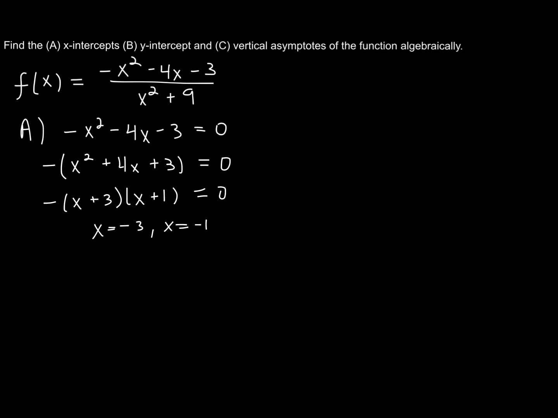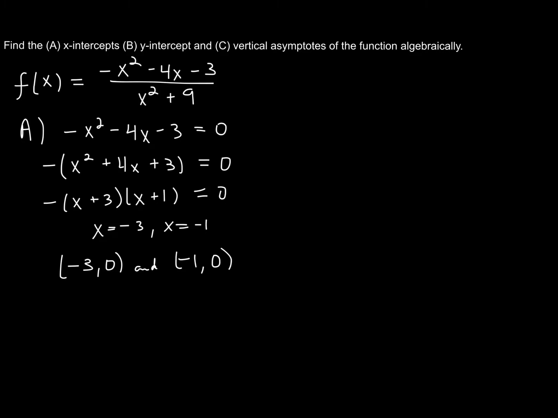This allows me to represent both of my x-intercepts as points. The first point is when x is negative 3, the y value obviously is 0. And when x is negative 1, the y value is also 0.